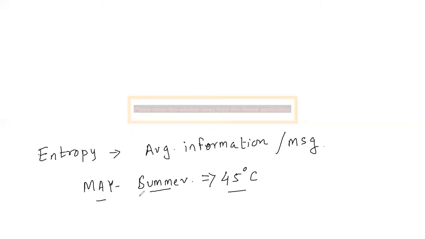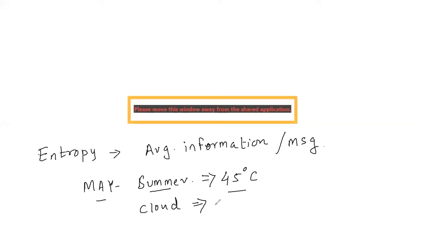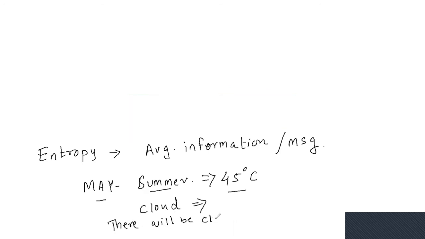But what if I say that there will be cloud in the month of May. Okay, so here the probability of cloud in the month of May is less. Therefore we can say that the information in that message, so what is the message? There will be a cloudy atmosphere in the month of May.